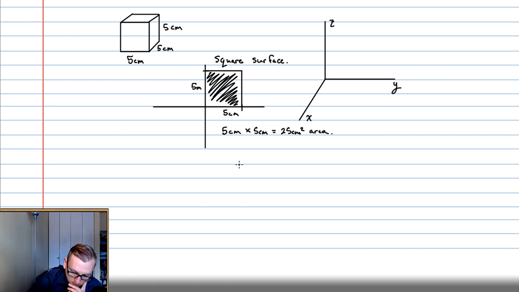Now, how do we make that into a cube? So here's 5, and here's 5. Well, we have to go up a distance of 5 up here on the z-axis, right?